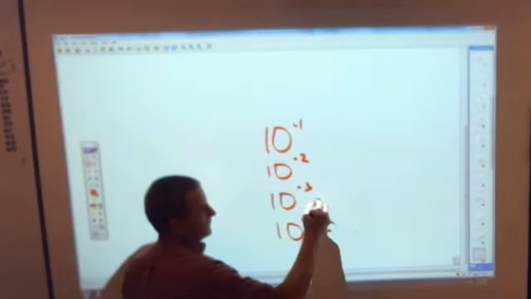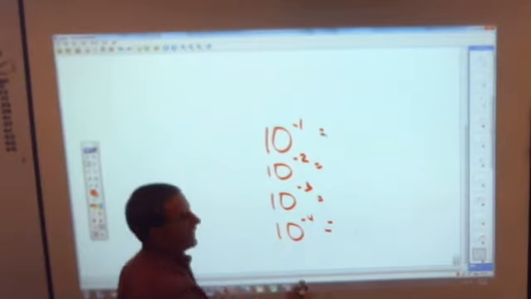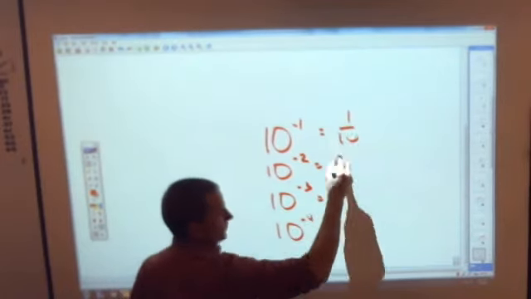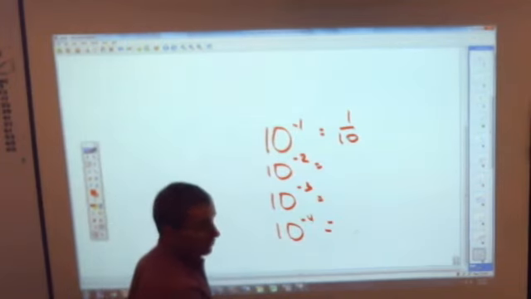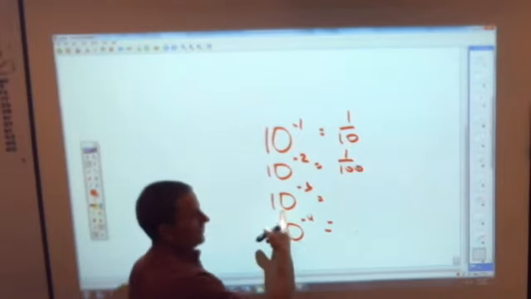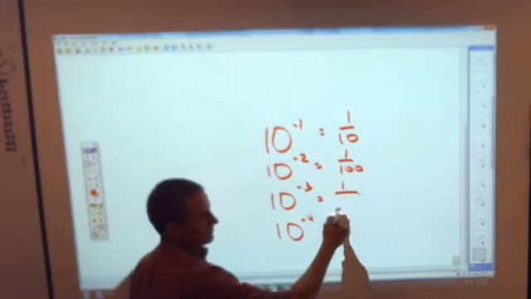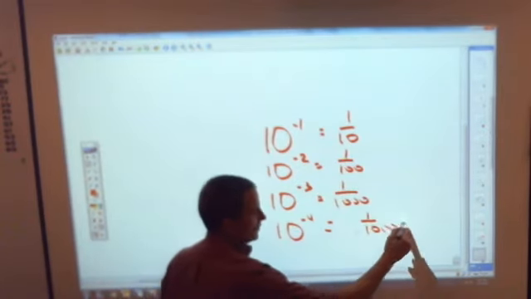What do those mean? It's pretty simple. Well, 10 to the negative 1 power is the same as what fraction? 1/10. 10 to the negative 2 power is the same as what fraction? 1 over 100. 10 to the negative 3rd power is 1 over 1,000. 10 to the negative 4th is 1 over 10,000, and so on and so on.